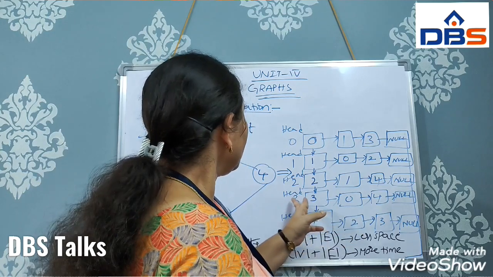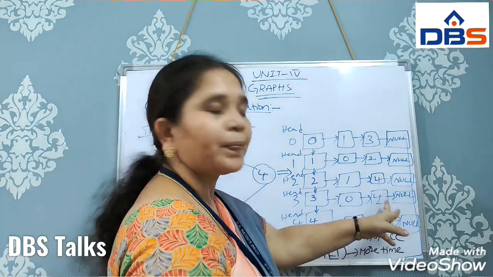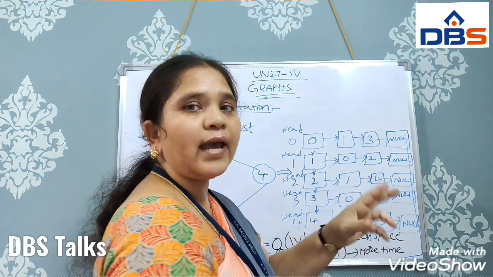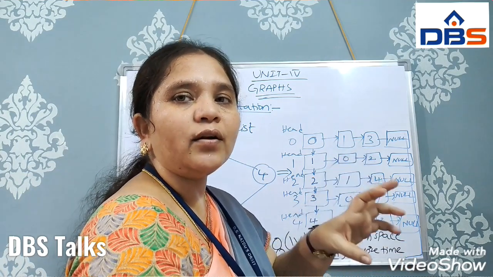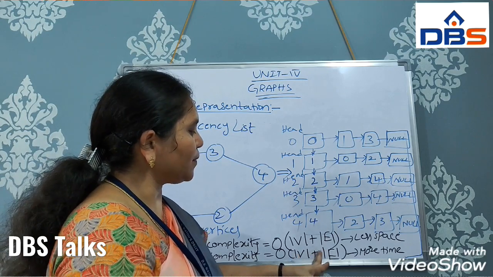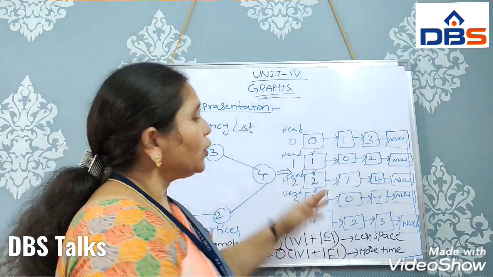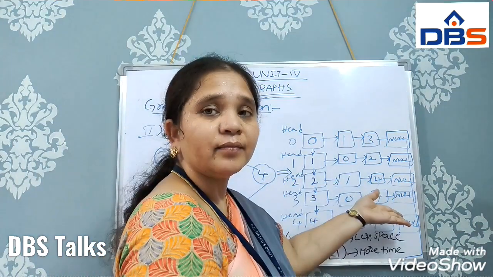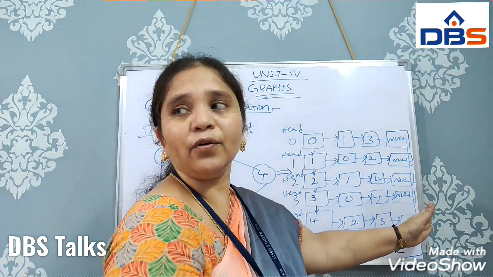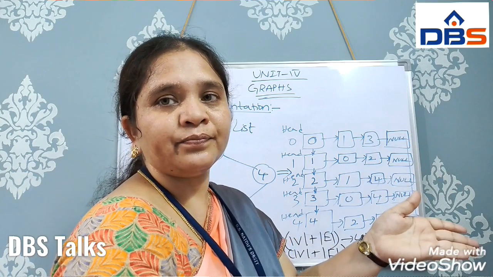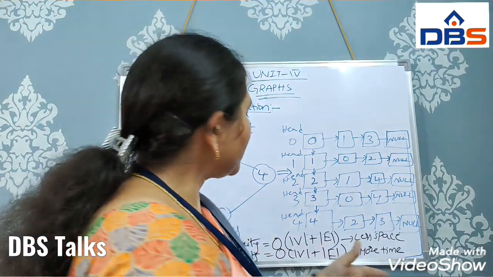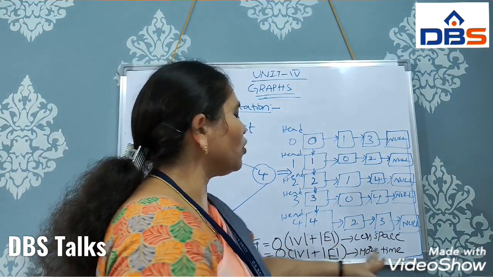Similarly, to check for a link between 3 and 4, we go through 3 to 0, then 3 to 4. So here time is wasted. That's why the time complexity is big O of vertices plus edges. This is another disadvantage, but here space is saved. So less space is occupied but more time is taken.